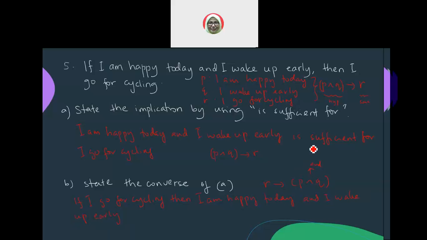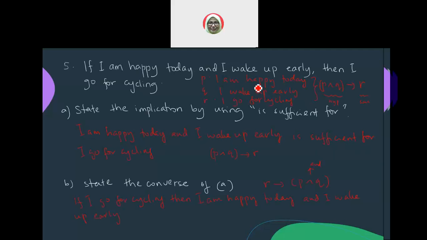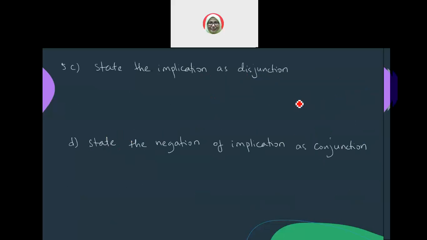All right, so finish. You got here C, D: state the implication as disjunction. Let me copy P and Q implies R. State the implication as disjunction means to write the equivalent statement for this implication statement, right?